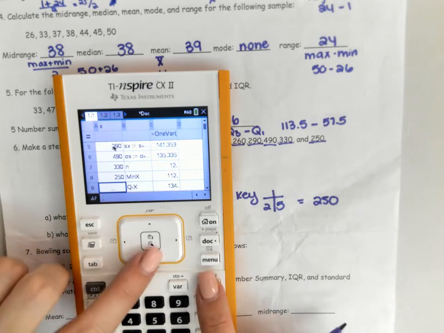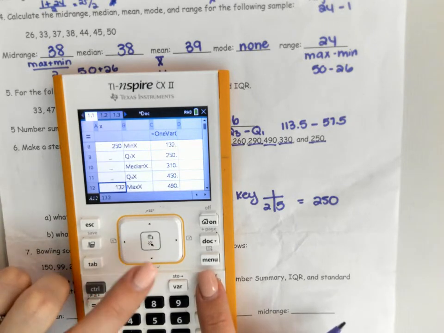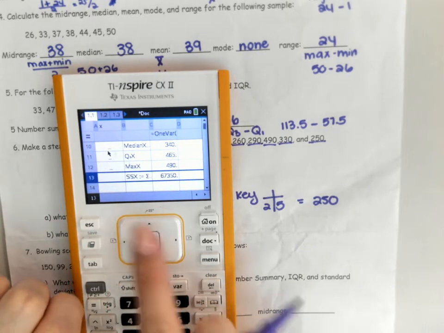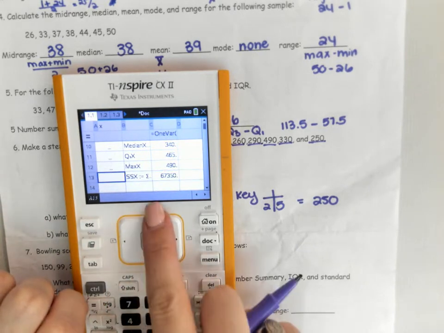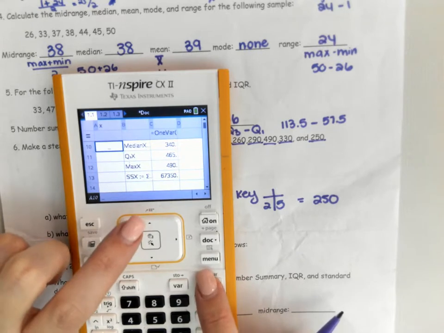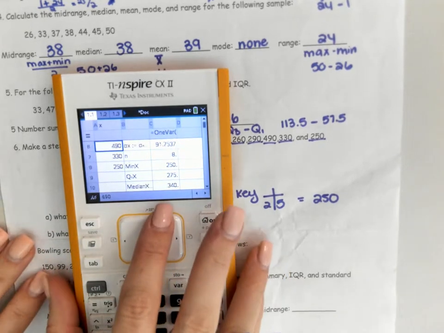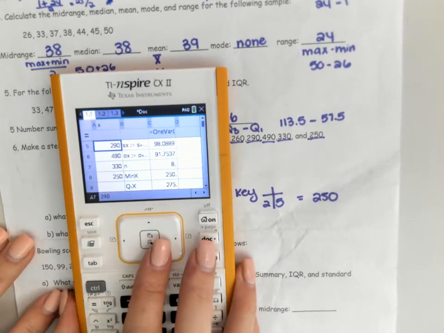I'm going to delete. If you see these little lines on them, we just go back and click delete over the lines and the lines will go away. Okay. So you've got all of your new data points in.